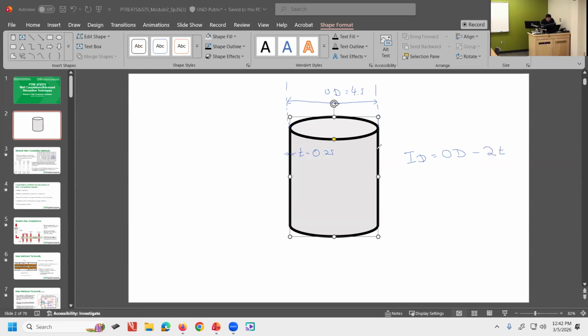Many of you, if not all, did OD minus T. So it should be 4.5 minus 0.5, so 4. Not many people remembered the 2.